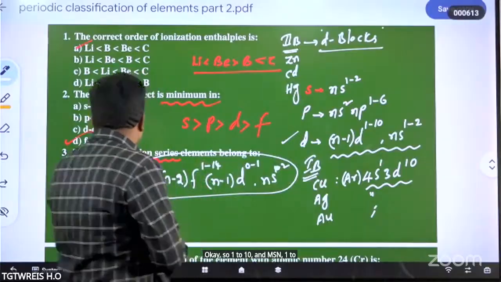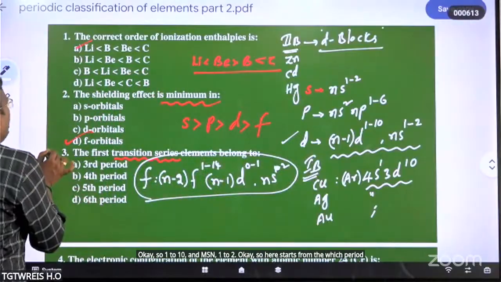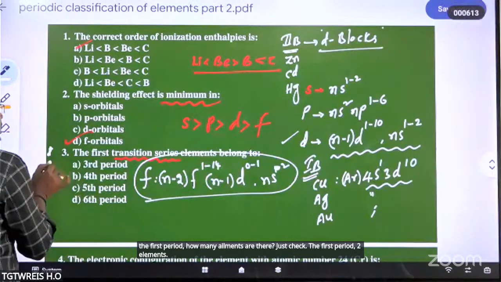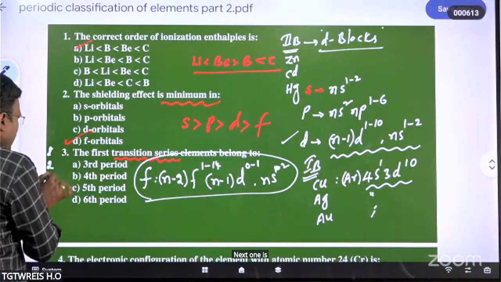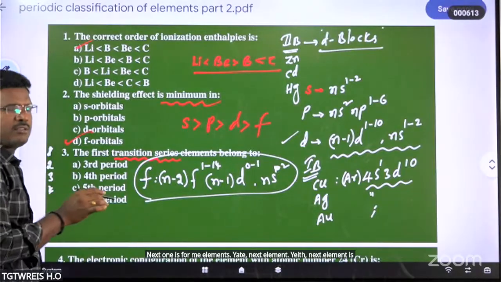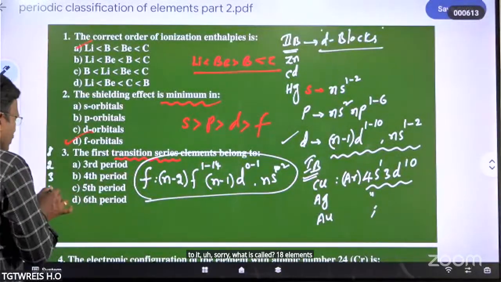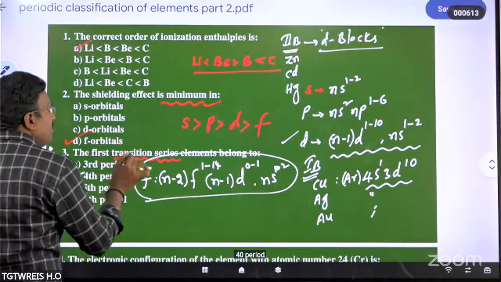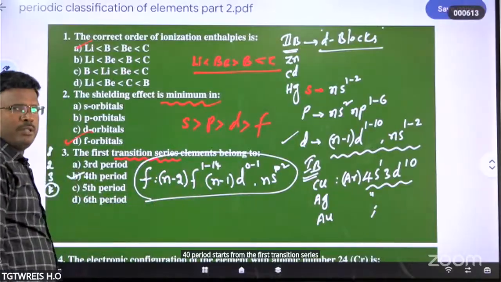Here it starts from which period? The first period has 2 elements. The next has 8, and the next has 18 elements. So the fourth period starts from the first transition series elements. Very, very important.